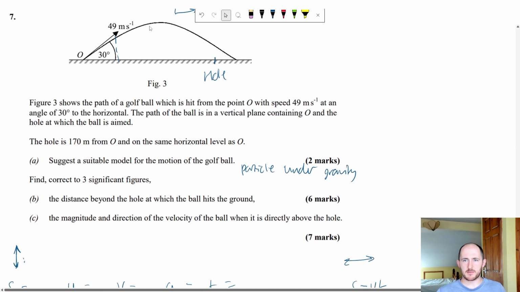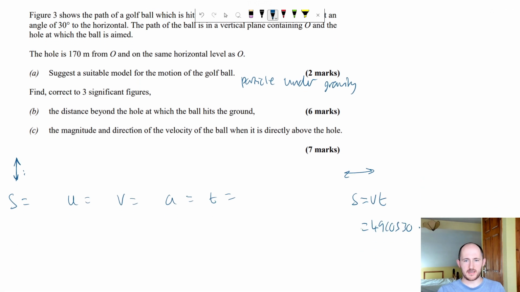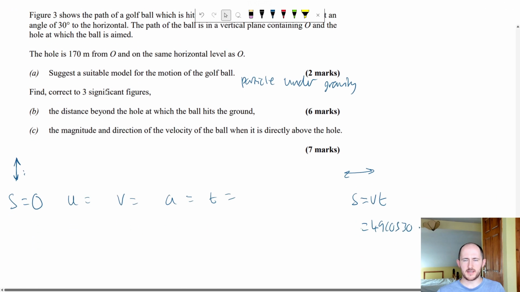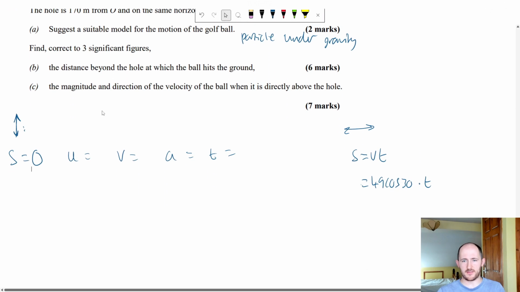So the displacement vertically, well, if you think about it, it pings off and then it comes back down and hits the floor. And that's what it says here, right? The distance beyond the hole at which the ball hits the ground. So the overall displacement is going to be 0. The initial velocity is going to be upwards, so it's going to be 49 sine 30.